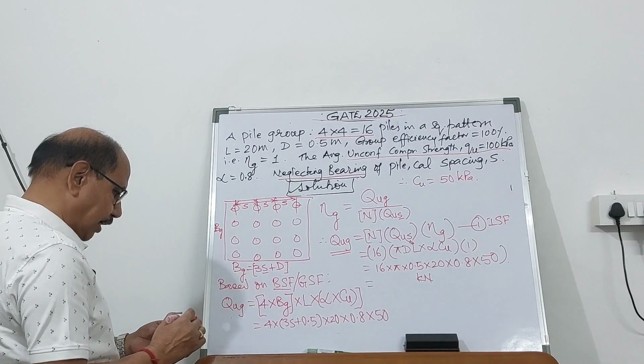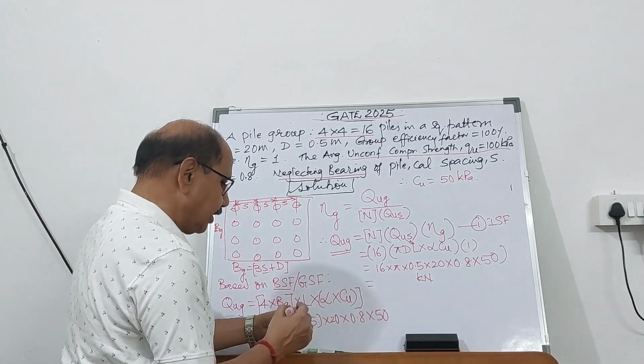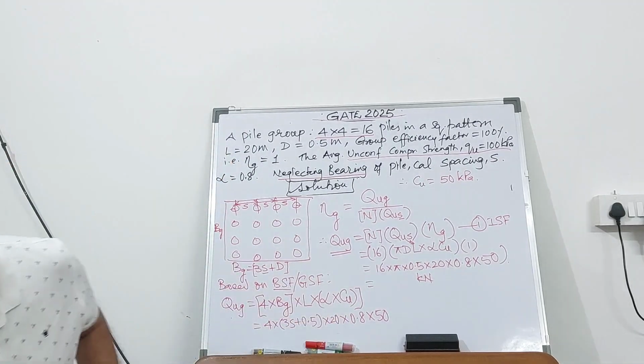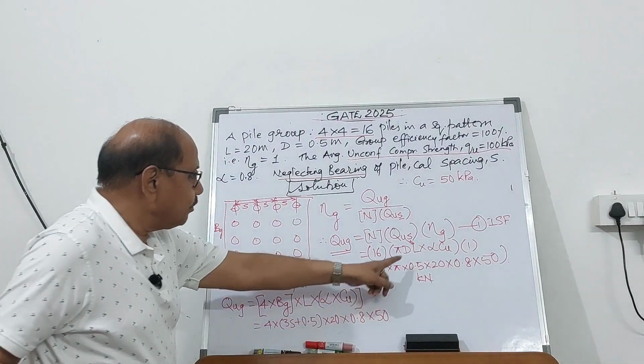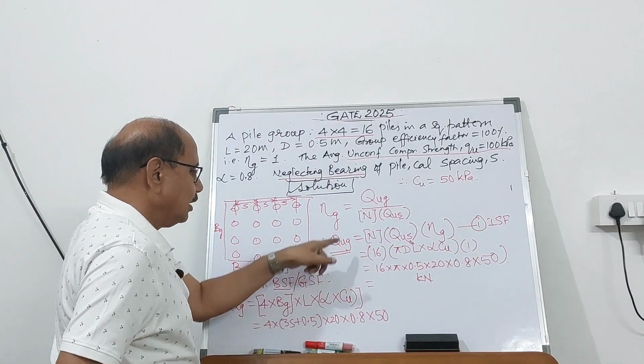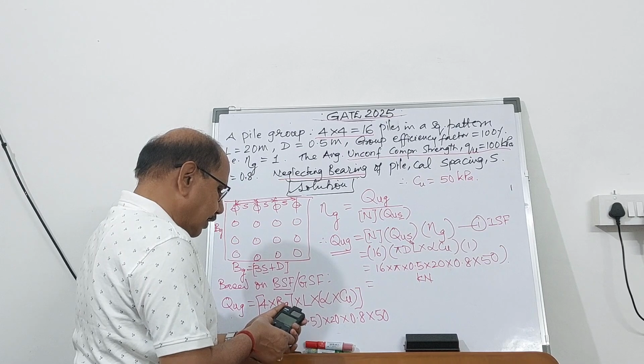And QUG, you can just calculate it. So let me take my calculator and you can just see. So here, based on ISF or individual shear failure, QUG we can calculate it.